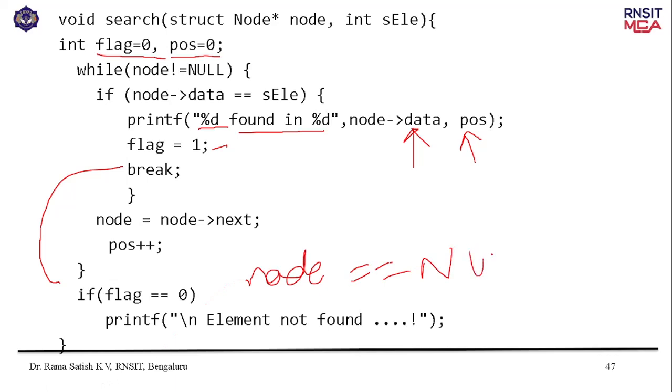When the node has reached the end, and since it has not found any element, you can certainly display that. So instead of flag is equal to 0, you can also write whether node is equal to null. So this is how you find a linked list element. You have to search it.